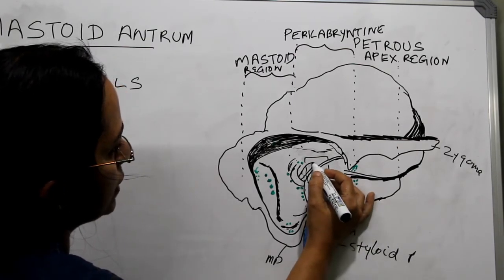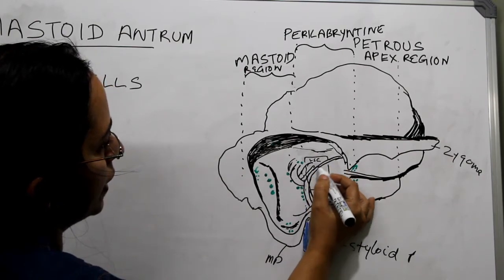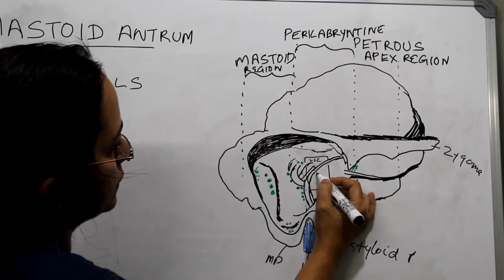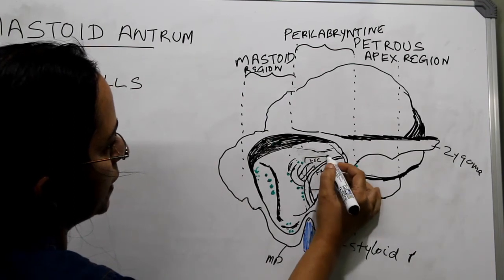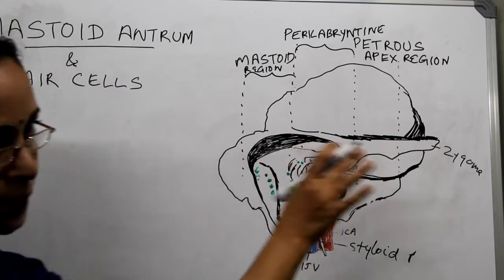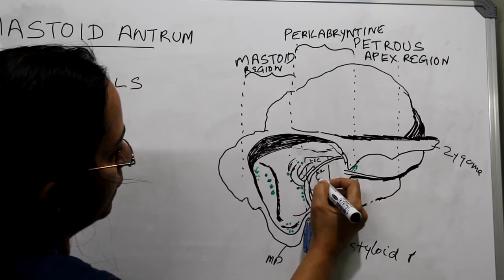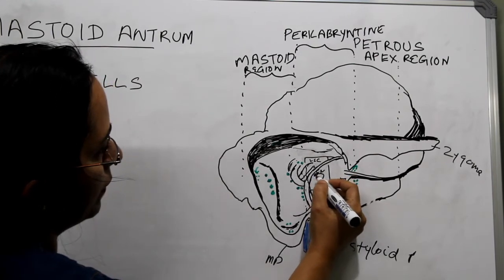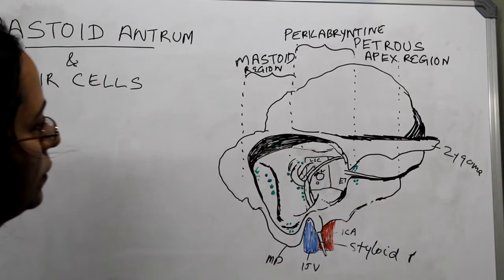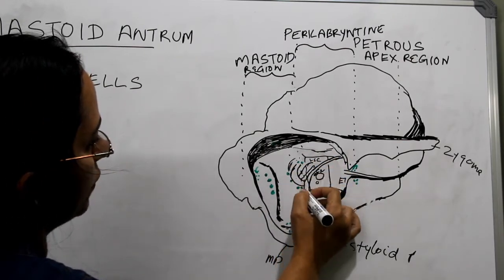Okay, so this is the lateral semicircular canal, and this is your facial nerve. This will be the anterior wall. The eustachian tube goes from the anterior wall, and your promontory, oval window, round window, and this is the posterior wall.